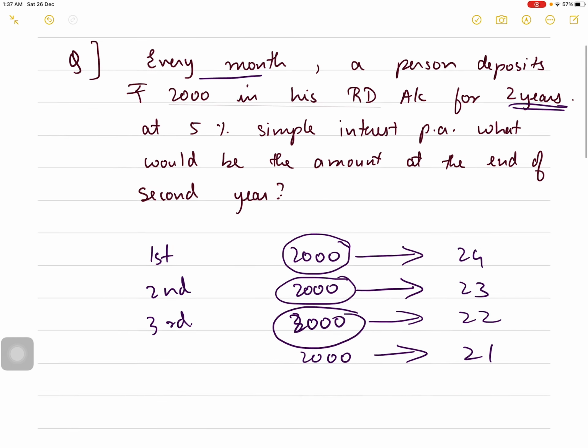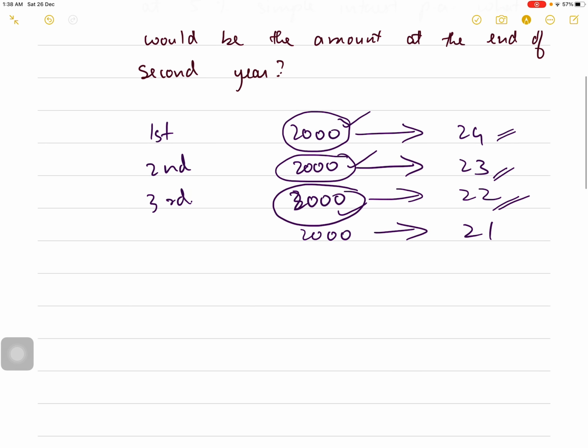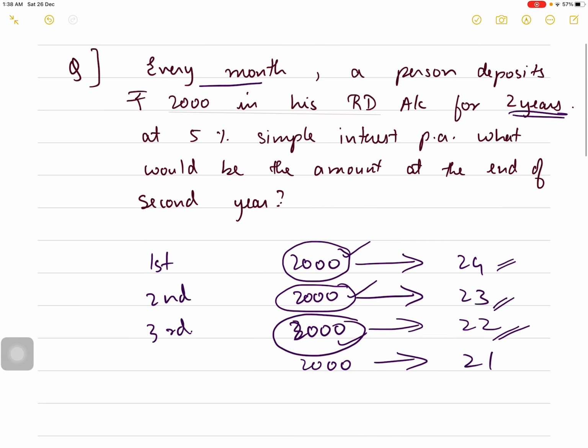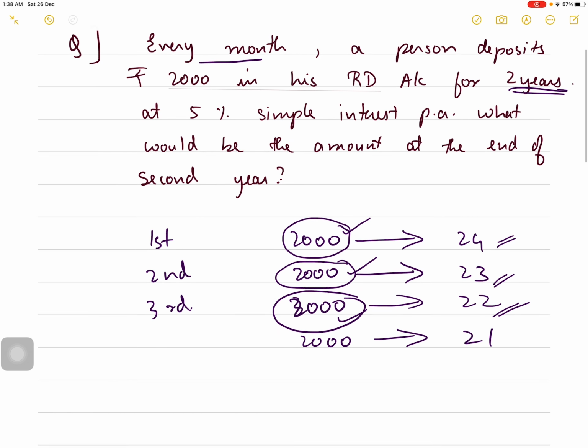Right? So the first 2000 you get interest for 24 months, the second 2000 you earn interest for 23 months, the third 2000 you earn interest for 22 months, and so on, right? So how do you calculate interest?